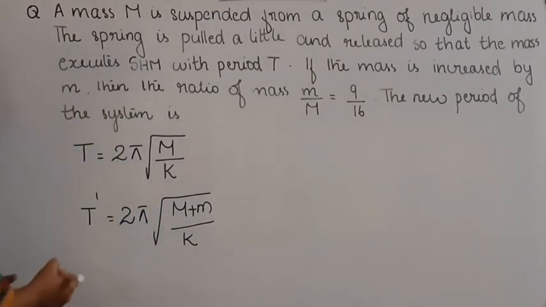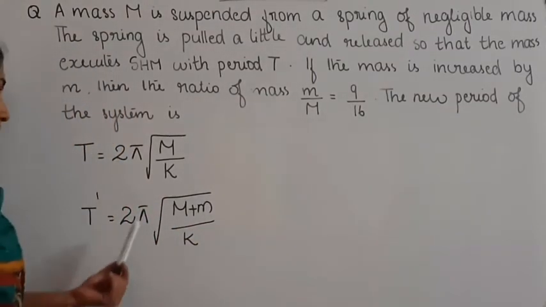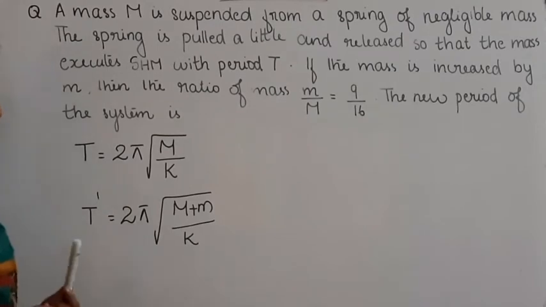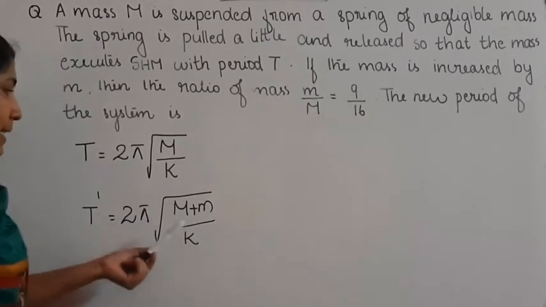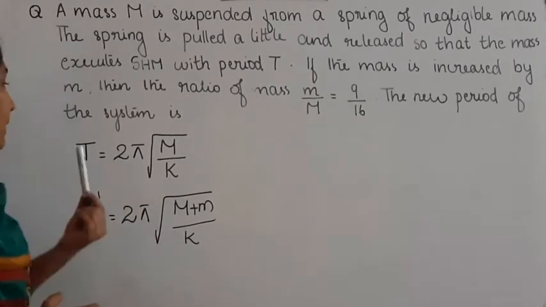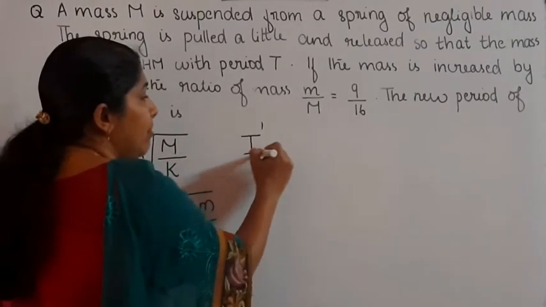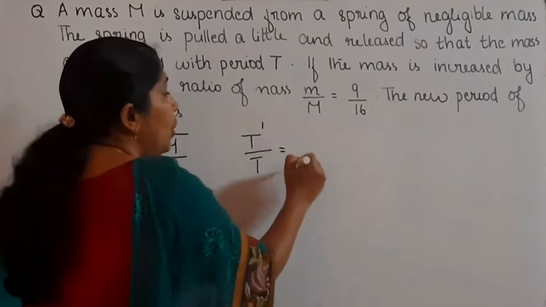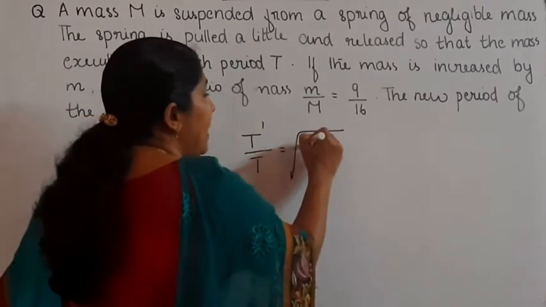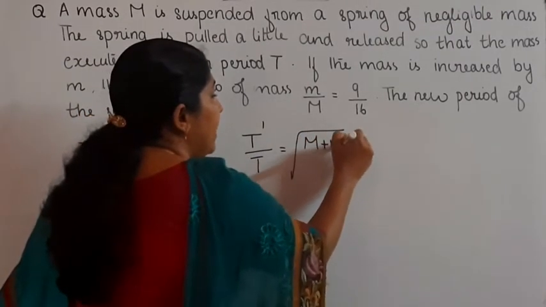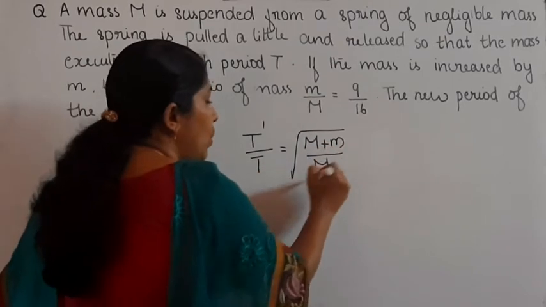Okay. Then on dividing these two equations, 2 pi get cancelled, k get cancelled. Then t dash divided by t is equal to root of capital M plus small m divided by capital M. Okay.